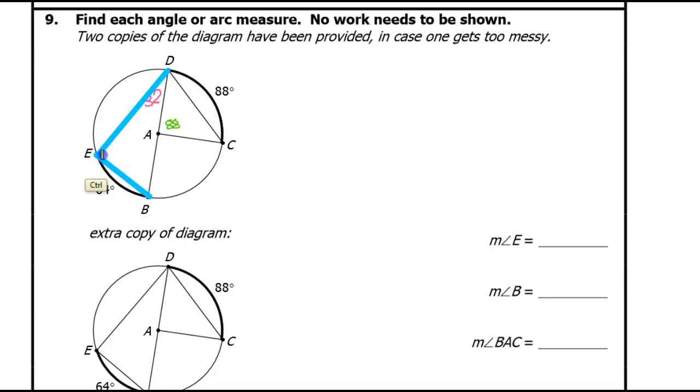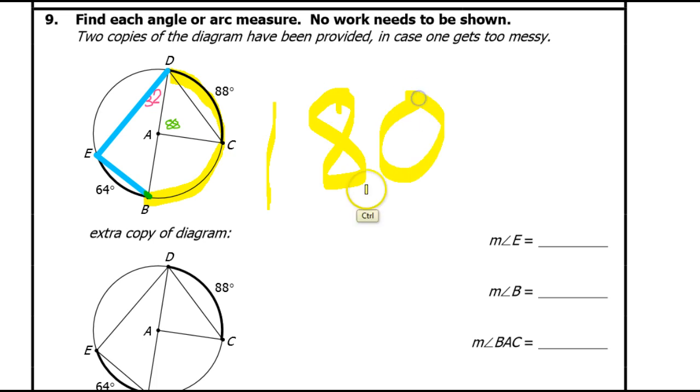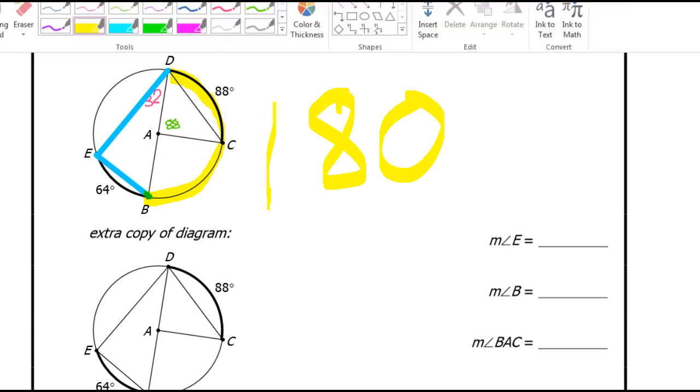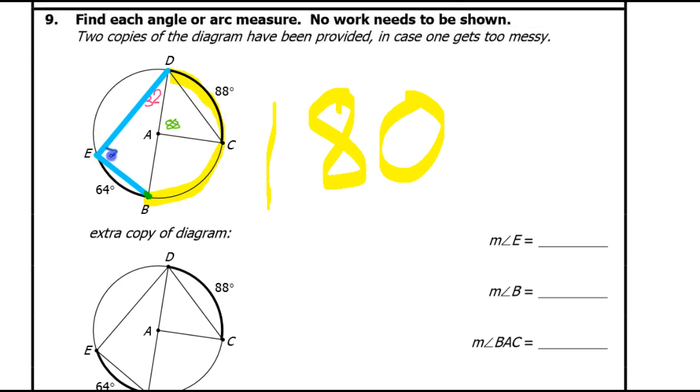That means the angle is half the arc. What's the intercepted arc? It's this. How big is that arc I just drew? That's 180, right? Because this is a semicircle. See the diameter? So half of 180 is 90. So right away, you should know that this is a 90-degree angle because it's half of a semicircle.